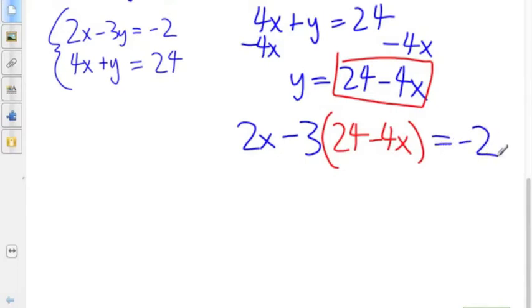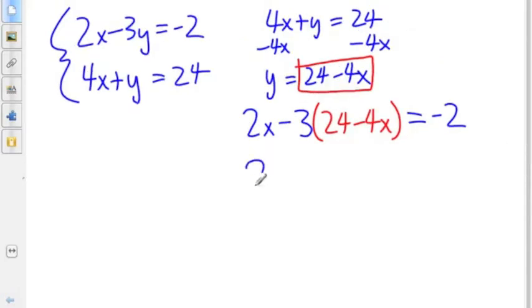Now what this has done for me is I no longer have y in the equation. I only have x. And we know how to solve an equation that only has x in it. I'm going to distribute the 3. We have 2x minus 3 times 24 gives us negative 72. And then negative 3 times negative 4x gives us plus 12x, and this equals negative 2.